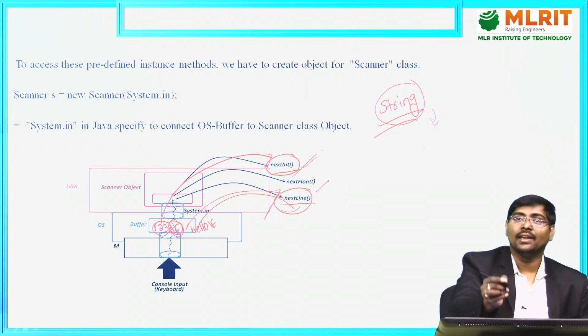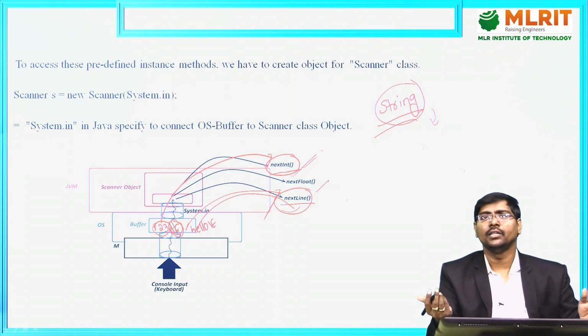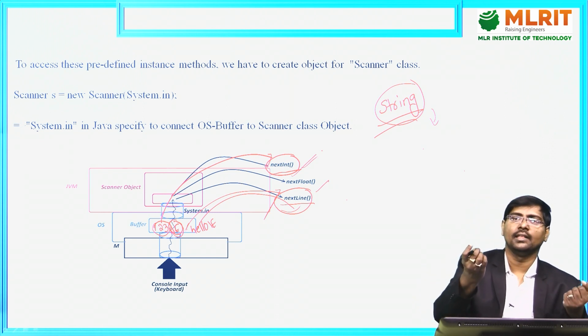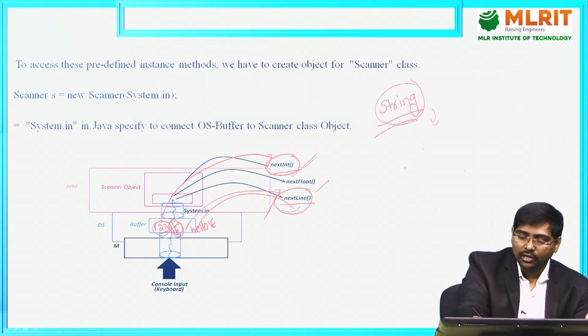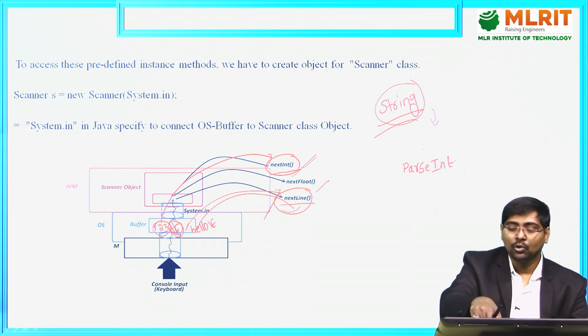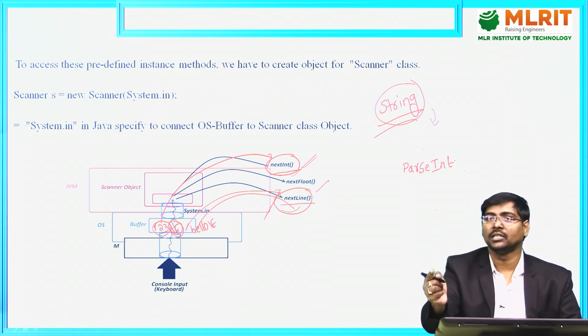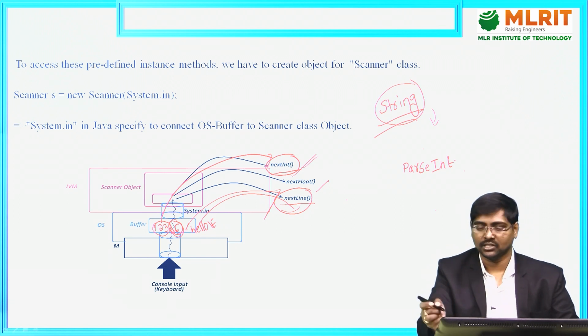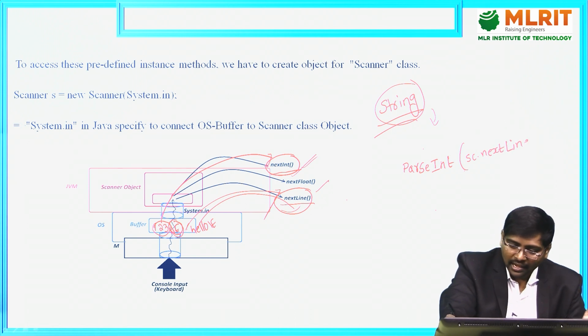Sir, I want an integer. If you are reading in the form of string, how do I get an integer? Very simple. Convert. After reading in the form of string, convert. For that conversion, we are using one method, parseInt. So, this is the method to convert into integer. Suppose float, parseFloat; double, parseDouble; byte, parseByte; long, parseLong. So, parseInt of sc.nextLine.